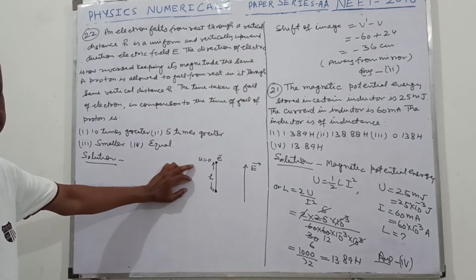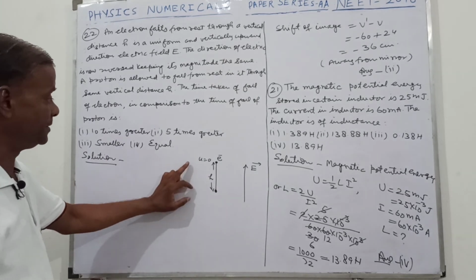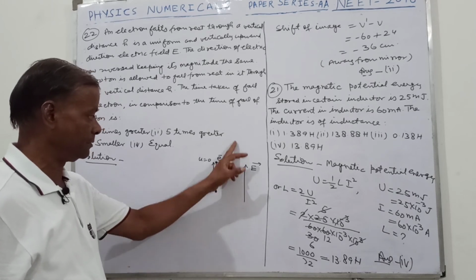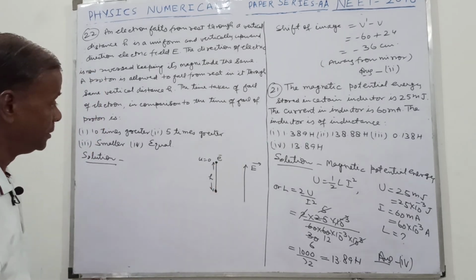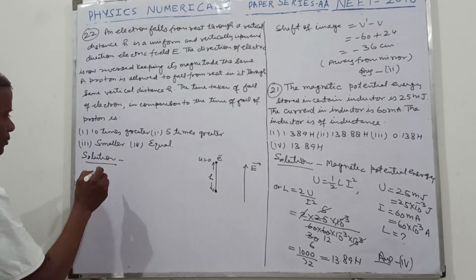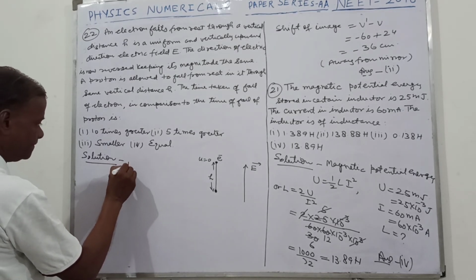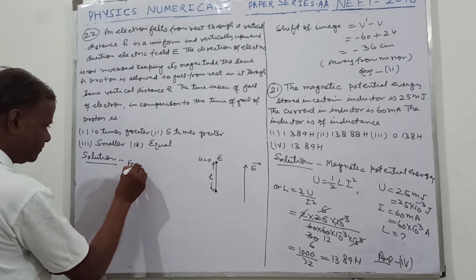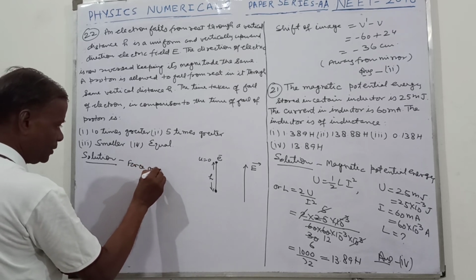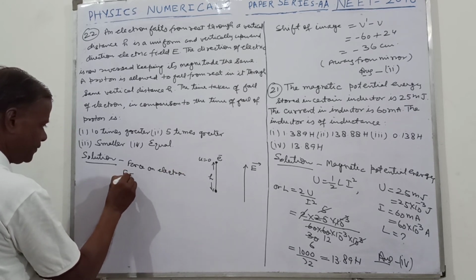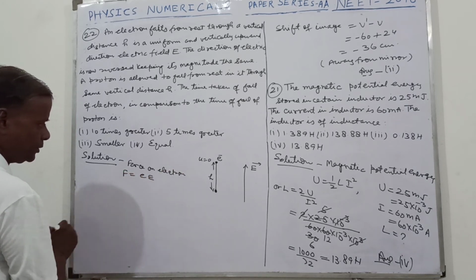Then there will be an acceleration, and this electron being a negative charge, will be acted upon in the reverse direction. So the electric force on the electron is F equal to eE.